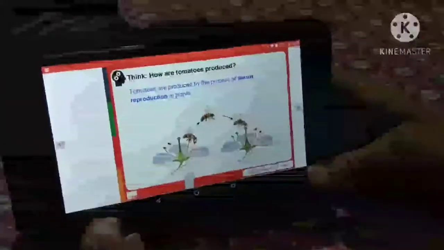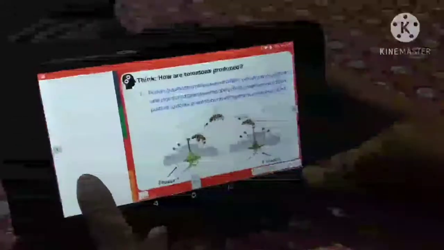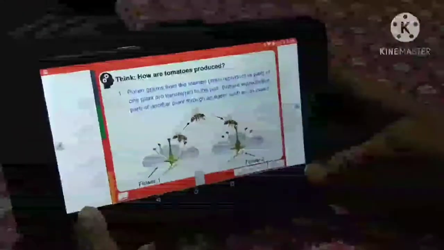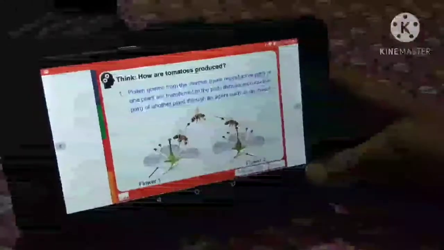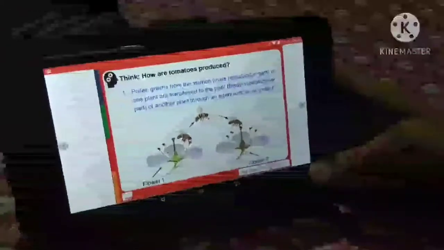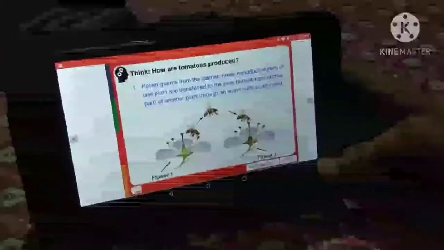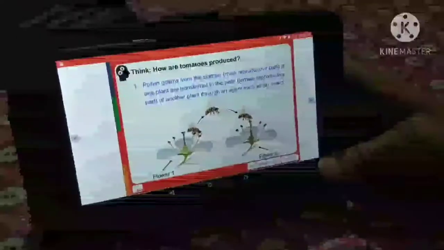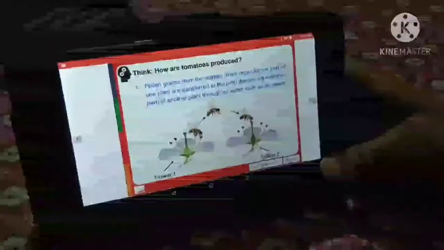Tomatoes are produced by the process of sexual reproduction in plants. Pollen grains from the stamen, that is male reproductive part of one plant, are transferred to the pistil, that is female reproductive part of another plant, through an agent such as an insect.